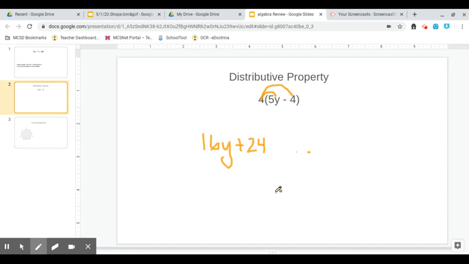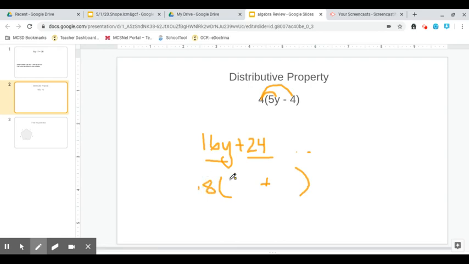I want to use the distributive property the opposite way. So I want to factor using the distributive property. I want to pull something out front. So we want to find the biggest number that goes into both parts. What's the biggest thing that goes into 16y and 24? Well, 8. So I pull an 8 out.